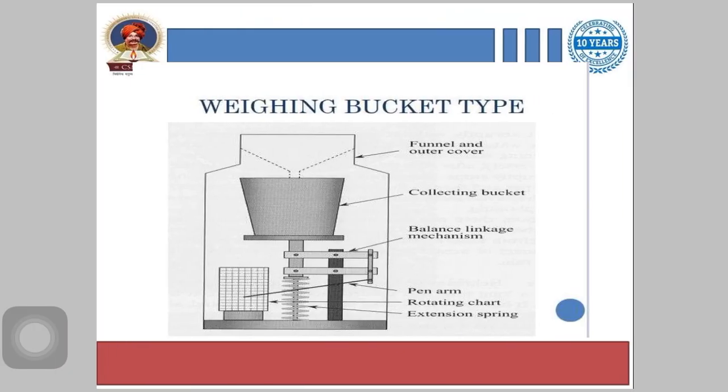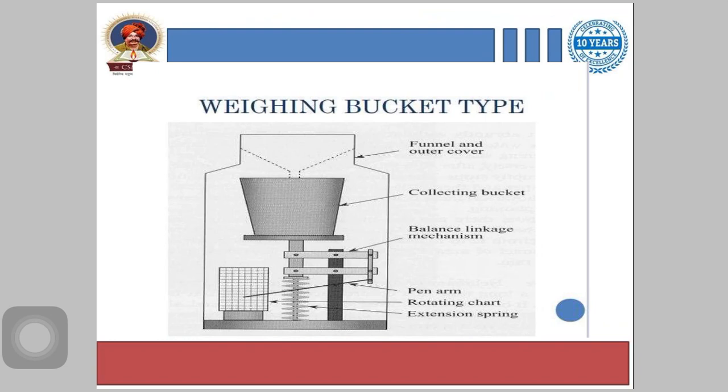This is the diagram for a weighing bucket type. First we can see the rainwater receiving funnel, and it consists of the catch bucket, that is the collecting bucket, and a cylindrical metal case.